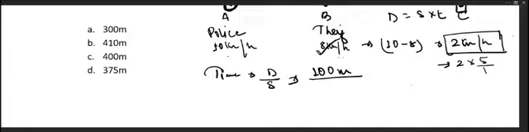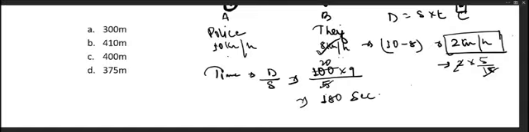So we will first convert kilometer per hour into meter per second. That is 2 into 5 by 18, that is 5 by 9. So the speed will be 5 by 9, and 100 divided by 5 by 9 gives 180. So the total time taken by the thief to reach point C is 180 seconds.